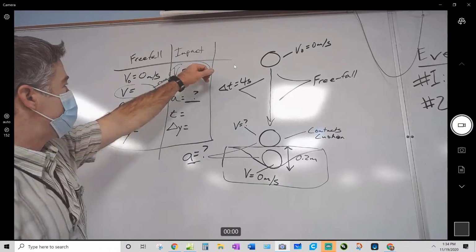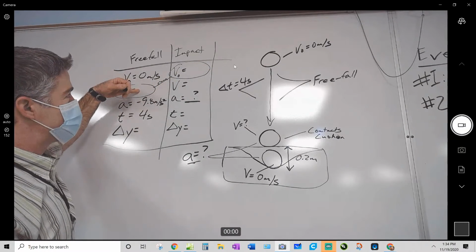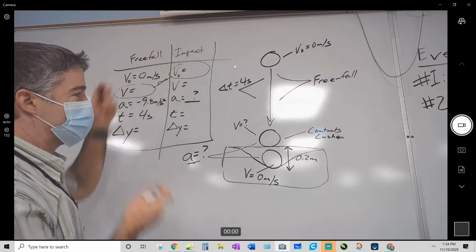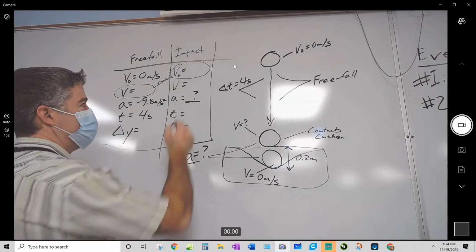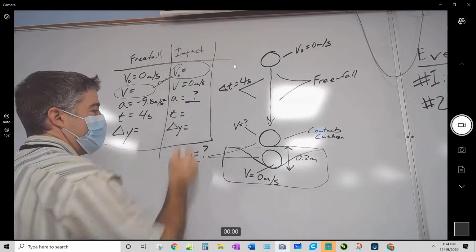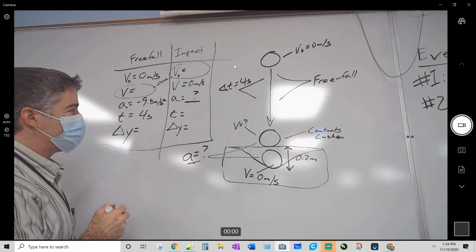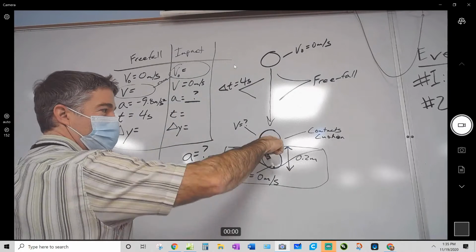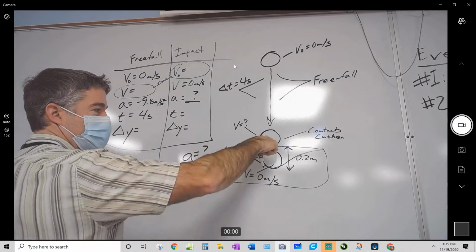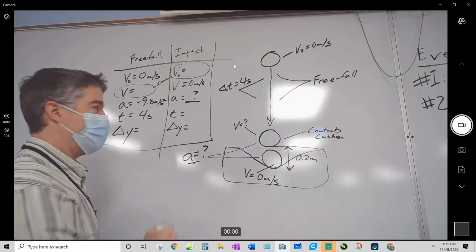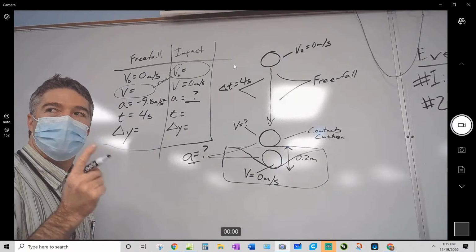So if I want that, I could go back and find this, and then that would give me that, and then I could move on from there. What about the final velocity here? Do I have that? Zero. The acceleration, I clearly don't know. That's what I'm looking for. Do I know the time period from when it hits there until it stops? Nope, don't know that. Do I know delta y? Yes. So be careful, what should I write?